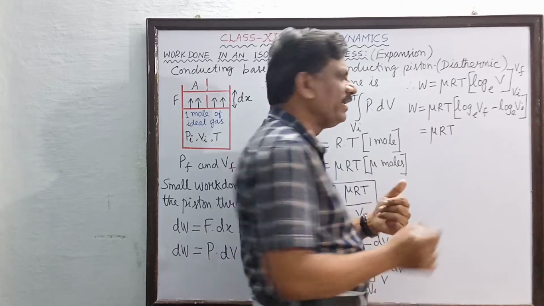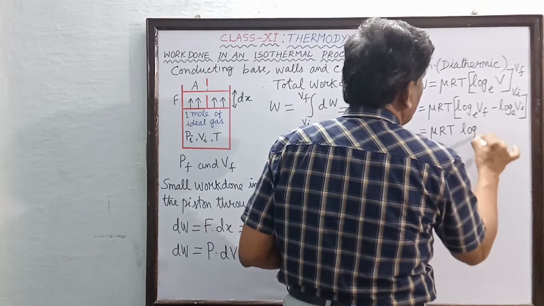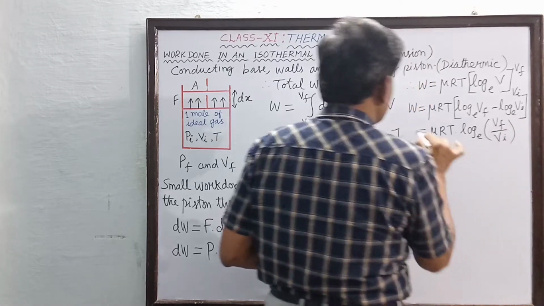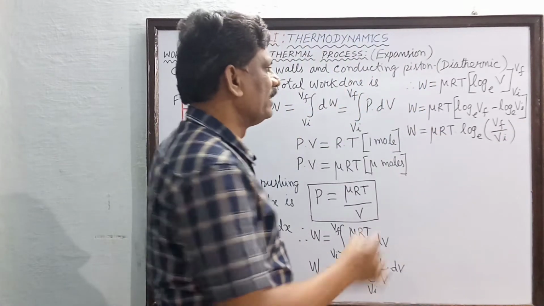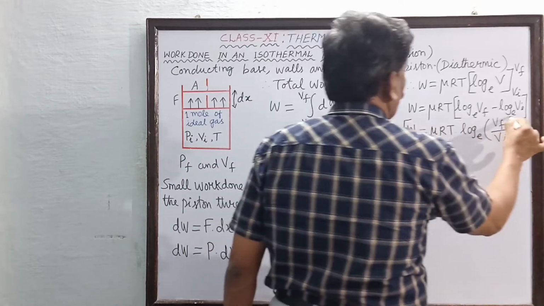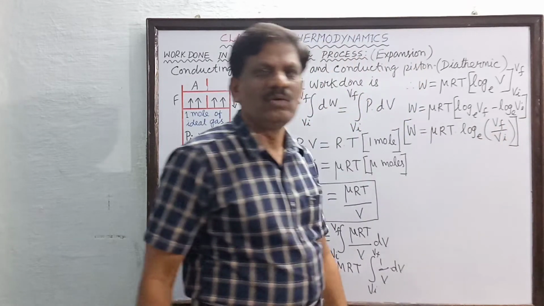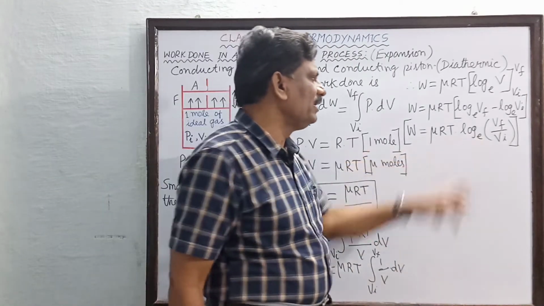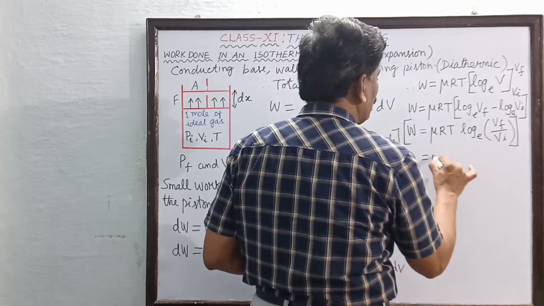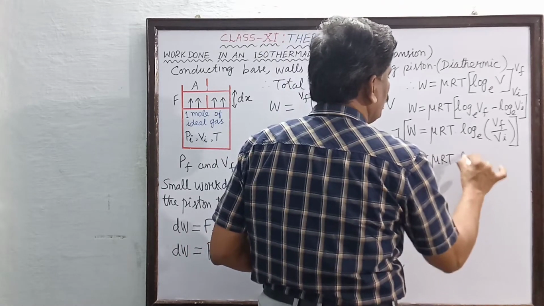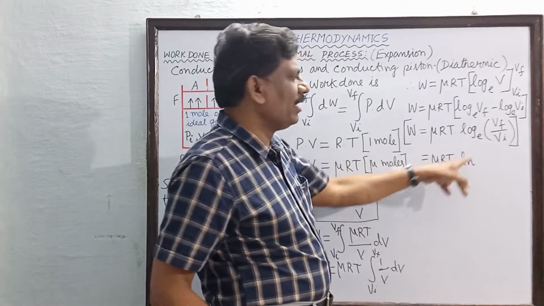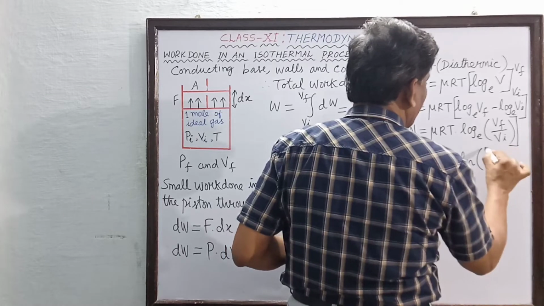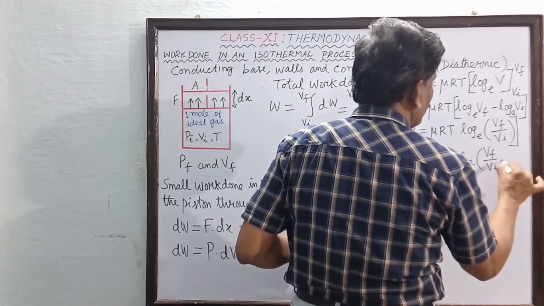So into log base e of V final divided by V initial. This is the final expression for the work done during an isothermal expansion. In place of log e we can also write W = mu RT ln, since log base e is also called ln, of V final divided by V initial.